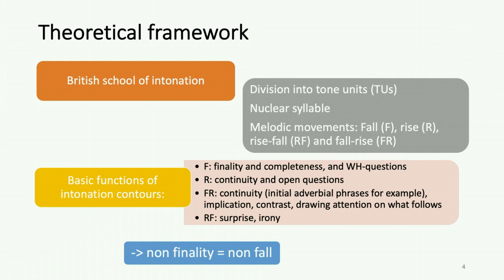The melodic movement starts on the nucleus and spreads on the post-nuclear syllables, if any. The British intonation system refers to the form of the global contour. Fall, rise, rise-fall, and fall-rise are the melodic movements commonly used to describe intonation in this tradition.